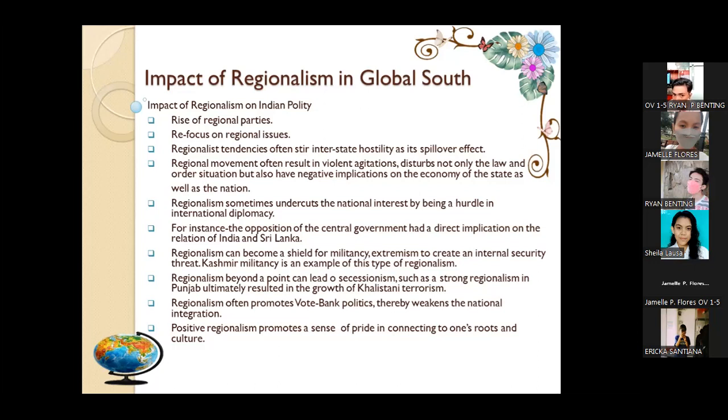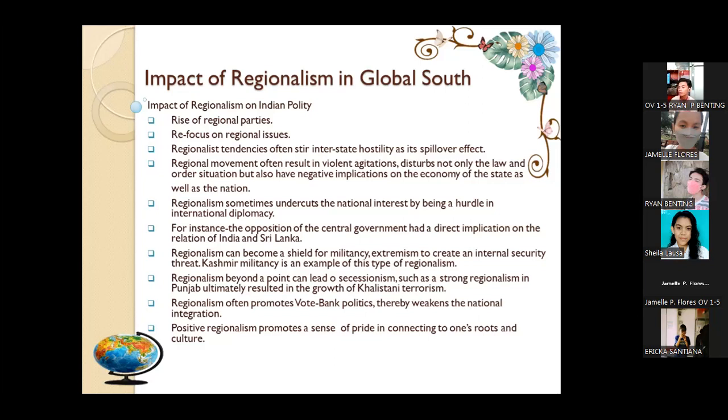Next, regionalism beyond a point can lead to secessionism, such as a strong regionalism in Punjab ultimately resulted in the growth of Khalistani terrorism.